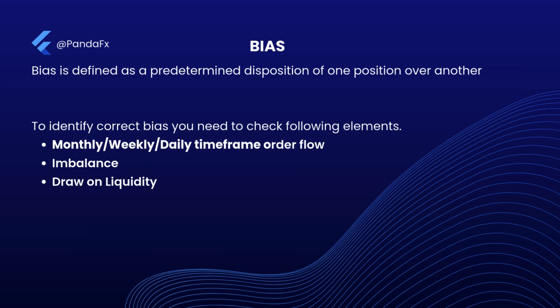Sometimes they might just fill up the consequent encroachment, that's 50% of that void. And then there might be a draw on liquidity that the market is targeting. Maybe there are buy stops at a particular position or sell stops at a particular position that the market is trying to navigate to. So they can help you in forming a correct bias.